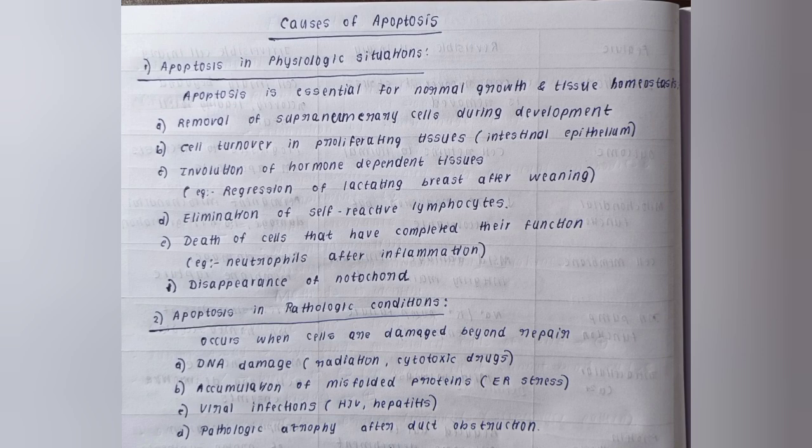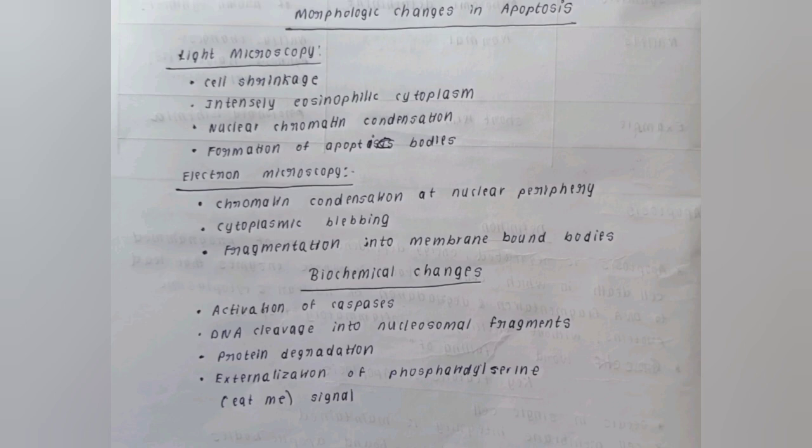So that misfolded protein will result in apoptosis also. And viral infection, that is HIV and hepatitis. And pathologic atrophy after duct obstruction. All these are examples for pathologic conditions. Basically causes.